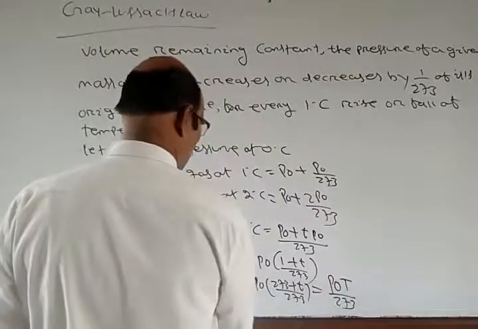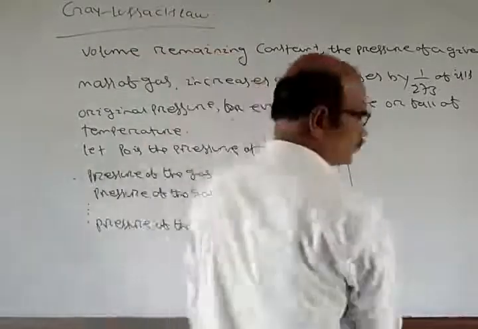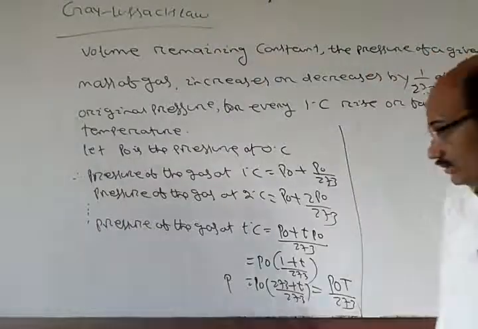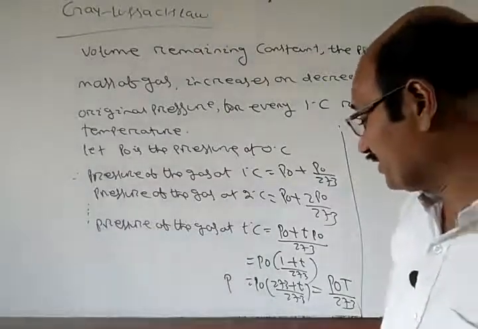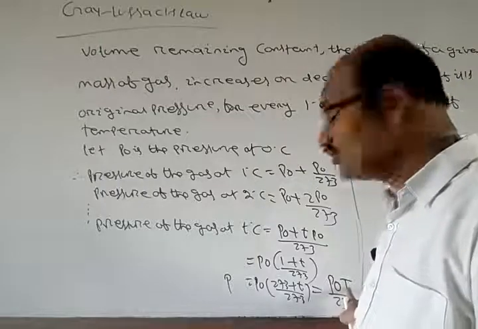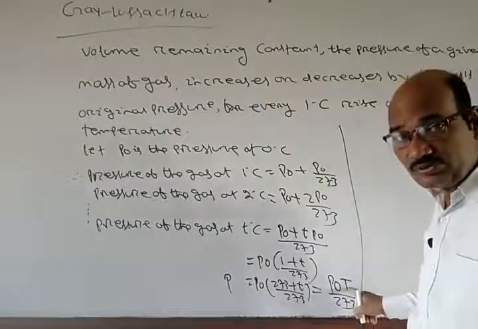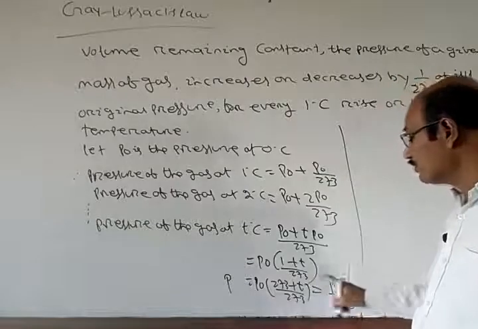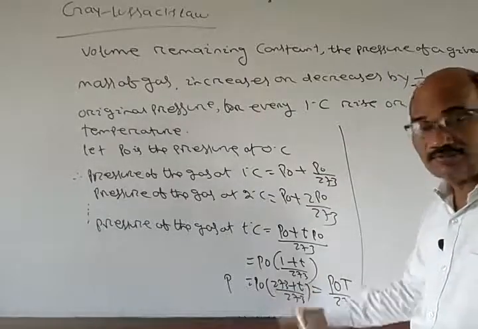Okay. So the pressure of the gas at T degree centigrade is P0 T by 273, where T is the absolute temperature, T equal to t plus 273.